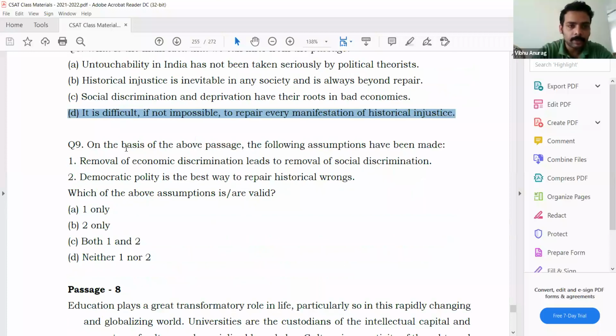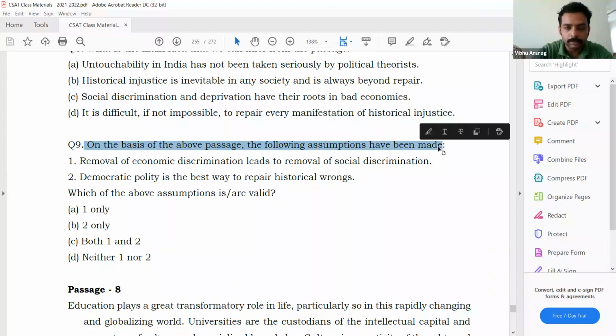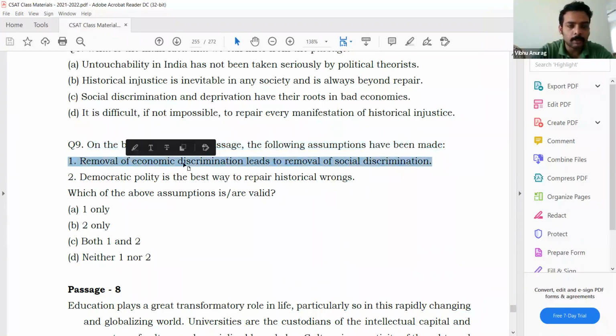Then question 9, on the basis of the above passage, the following assumptions have been made. Number 1, removal of economic discrimination leads to removal of social discrimination. The author has not really made any such assumptions. Rather, he says discrimination acquires some autonomy. So even if you remove others, it remains.